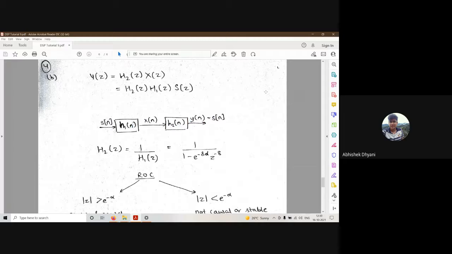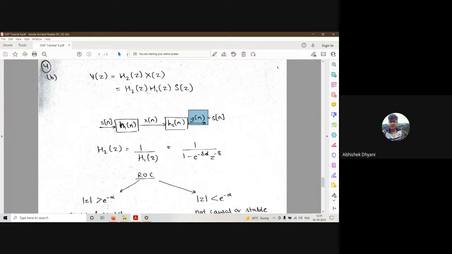In the z domain, we can say that Y(z), the z transform of the output signal, must be H2(z) multiplied with X(z), and we know that X(z) is nothing but H1(z) times S(z). So this is the expression for Y(z).